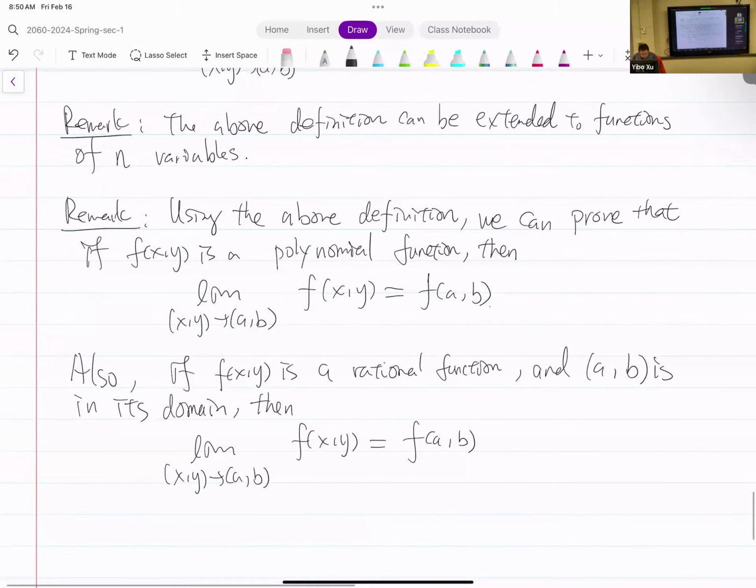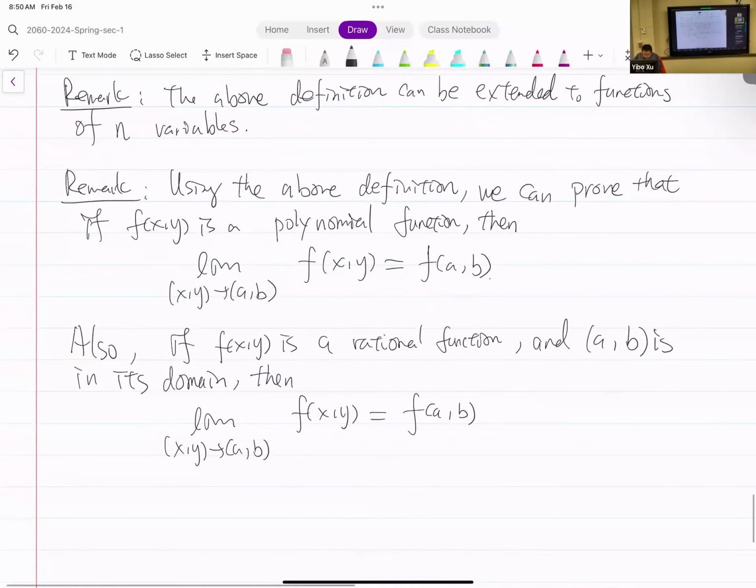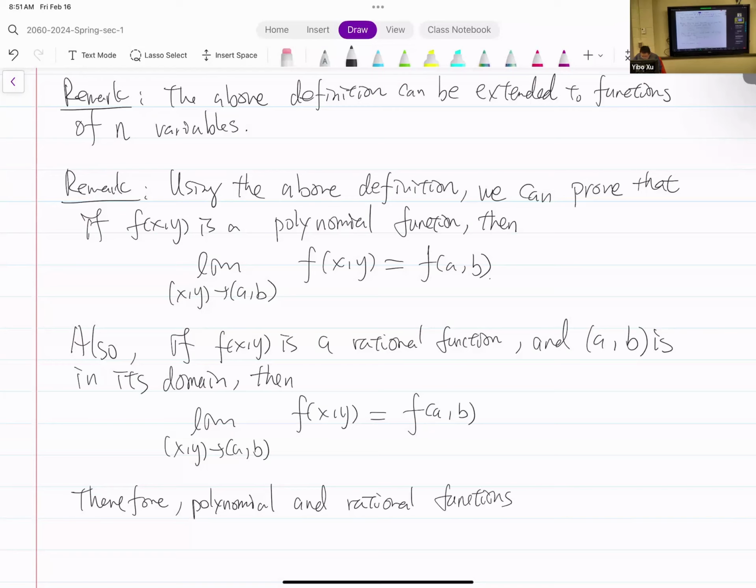So the limit exists and the function is continuous. Therefore, polynomial and rational functions are continuous at any point a, b in the domain.